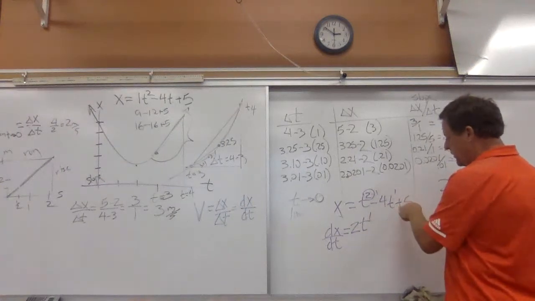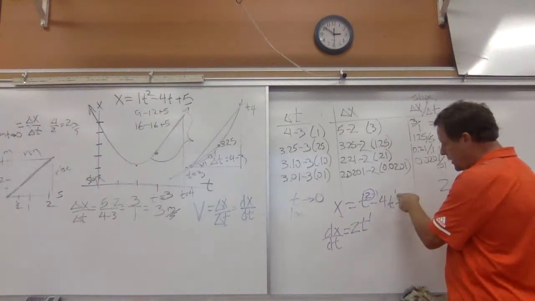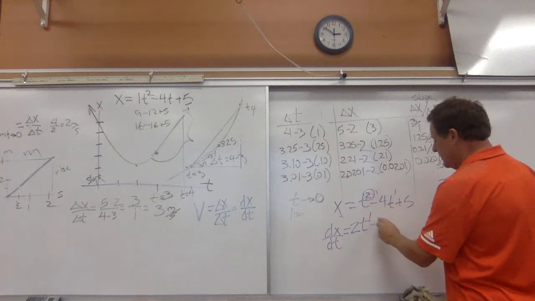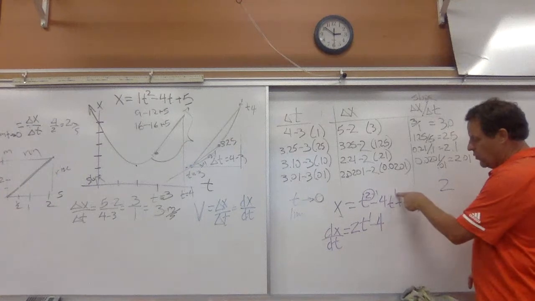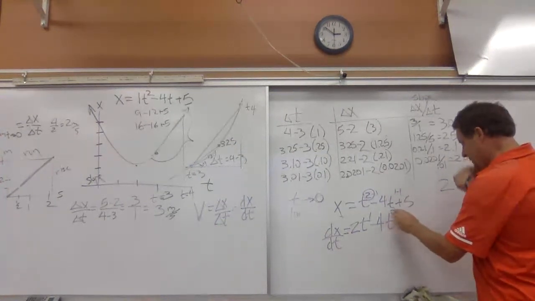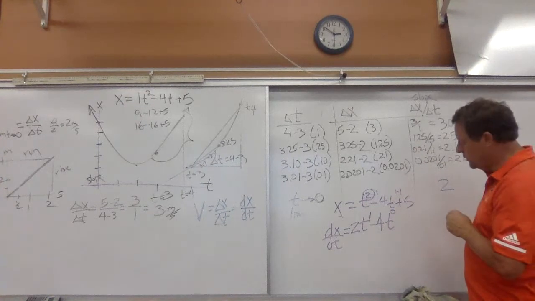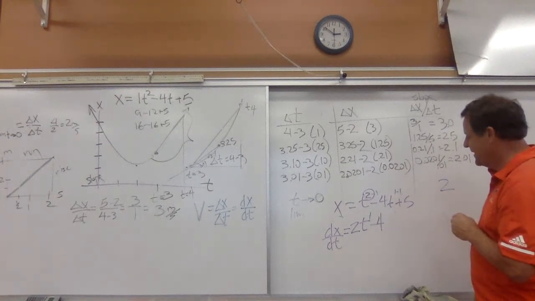And then we're going to take this t, whose exponent is 1. So now we're going to say 1 times negative 4 is negative 4. And now t to the 1 minus 1 is t to the 0, and t to the 0, as you know, is equal to 1. Negative 4 times 1 is just equal to negative 4.